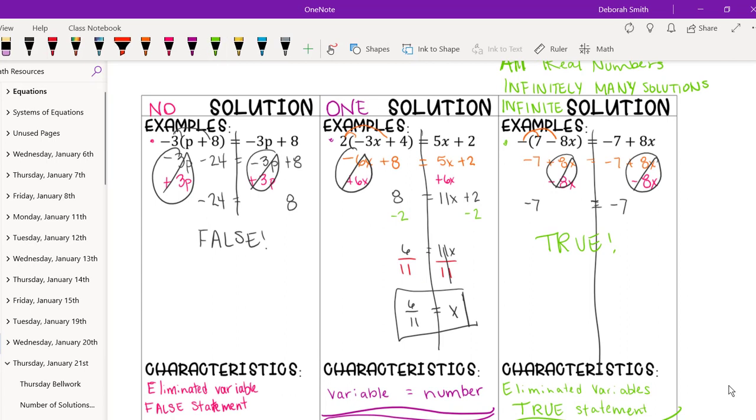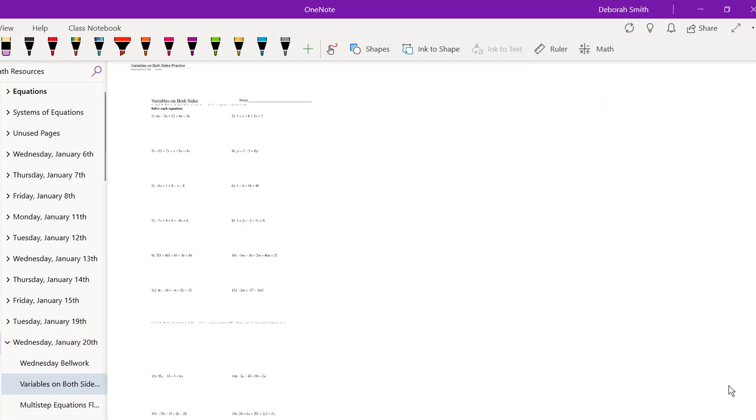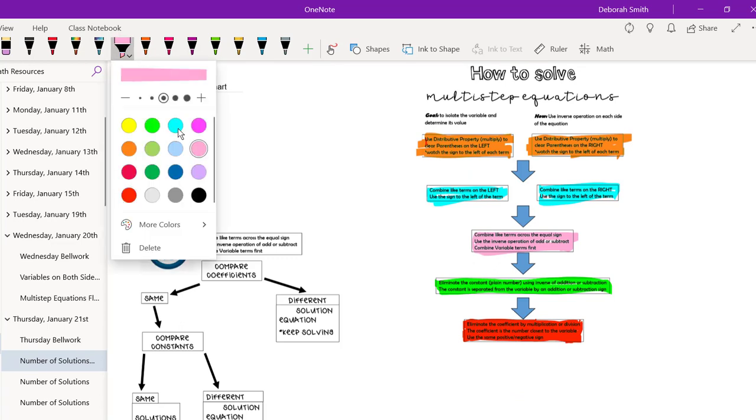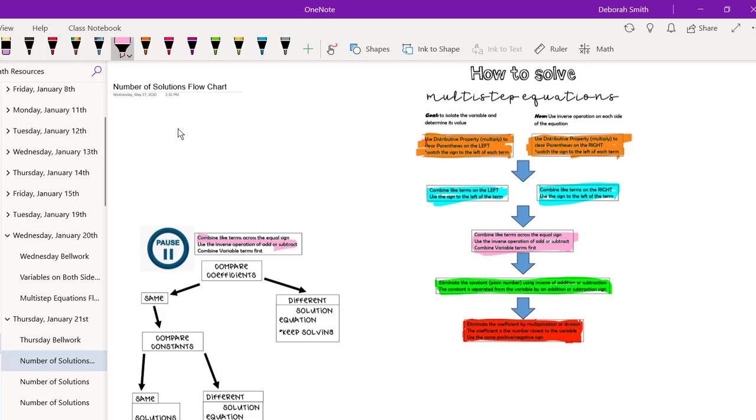Now, I'm going to go back to a different page that we talked about yesterday. Now, I've had you guys at this pink place. Right here, we've got this little flap that we've glued over top, because we've got to figure out how many solutions an equation could have, not just what is the solution for every one-step equation.